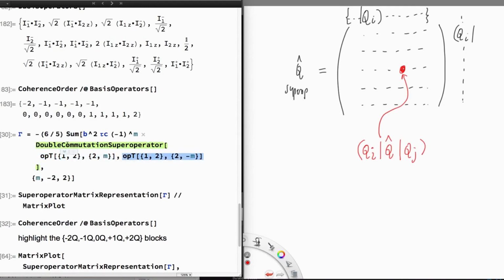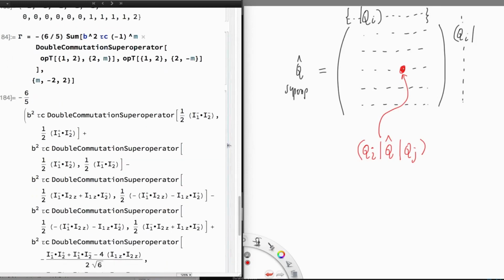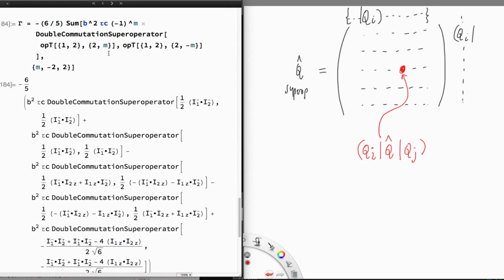Well, it's a complicated theoretical construction. It involves quite a few complicated concepts here: spherical tensor operators, double commutation superoperators, and so on. But you can see it's a pretty concise expression. It's summed over 5 operators, actually.